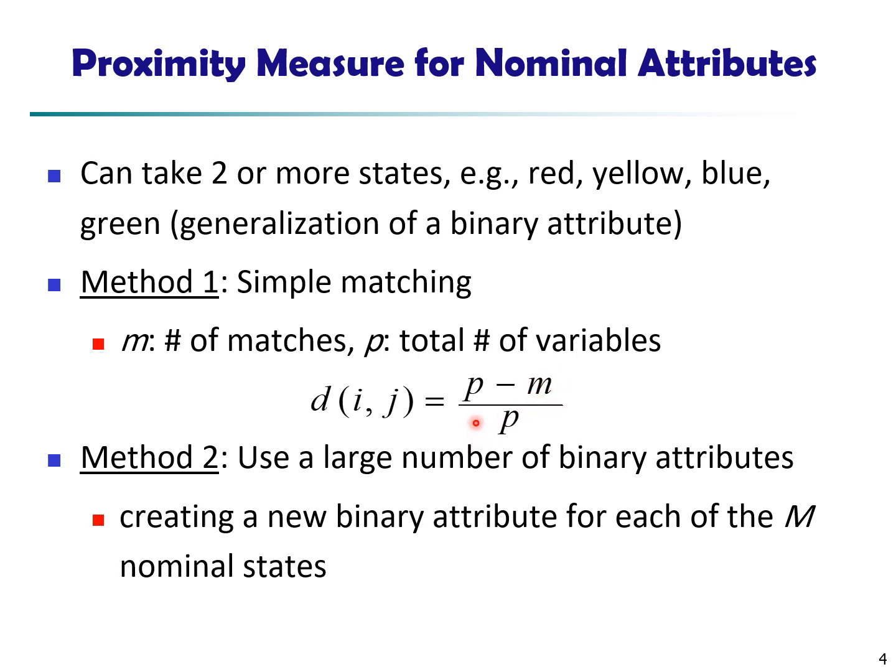Now, P represents the number of attributes, which means how many attributes we are using to compare object I and object J. If we have one attribute, then P will be 1.